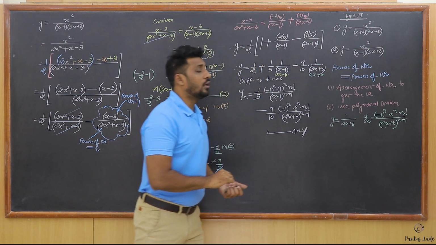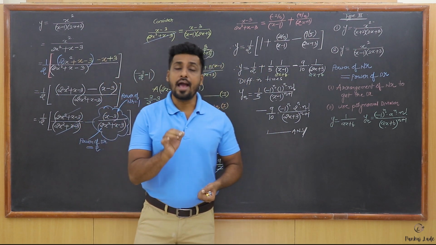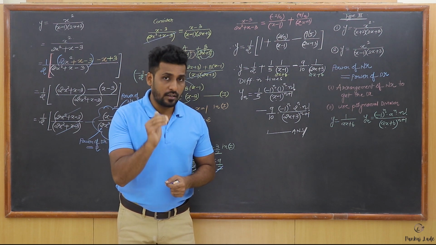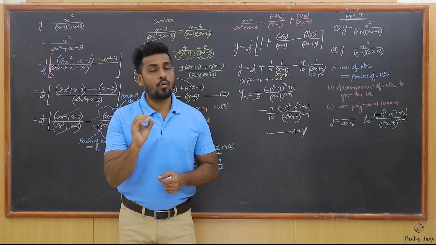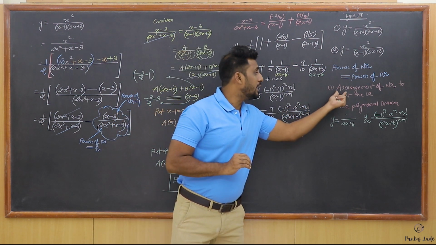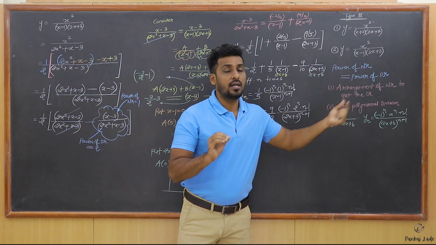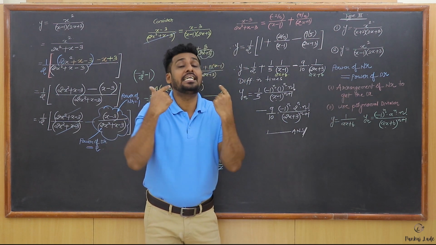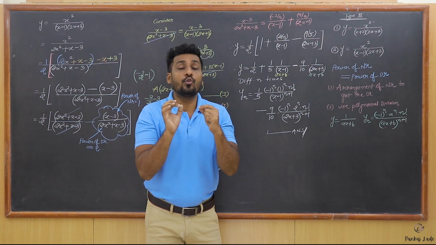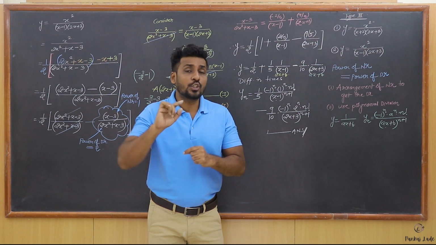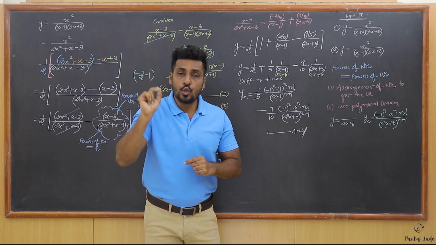So did you observe in this particular type what we have learned? We have seen that whenever the power of the numerator is equal to the power of the denominator, you should be adjusting or arranging the numerator in such a way that you get the denominator back, isn't it? Whatever you find in the denominator, all the terms present in the denominator should exactly repeat in the numerator also.